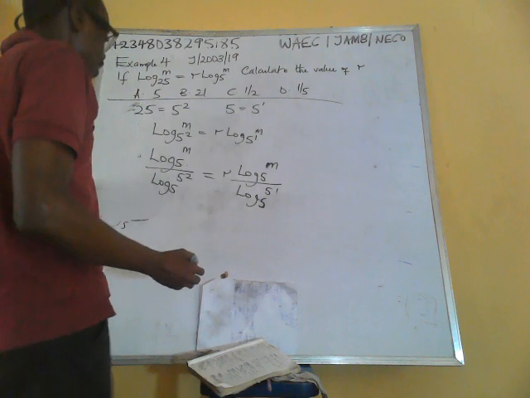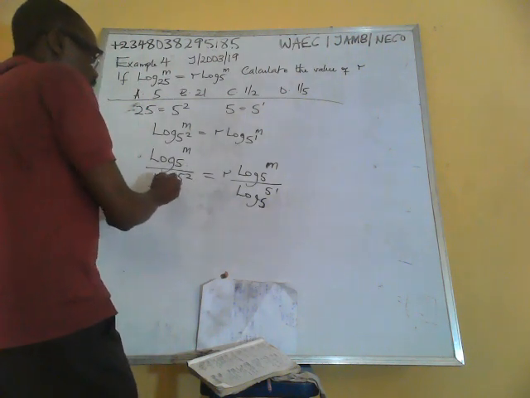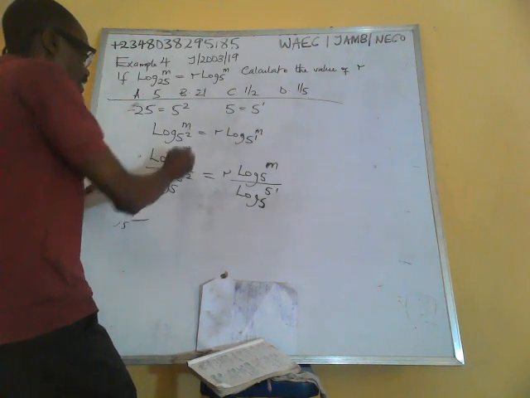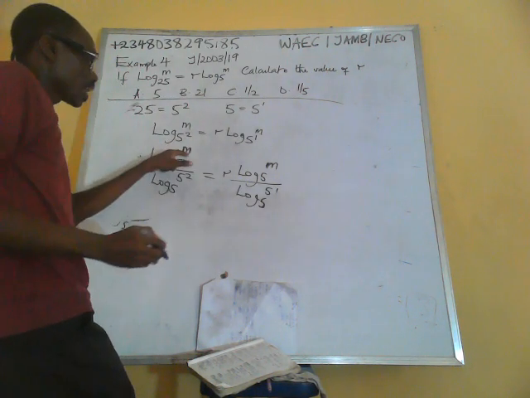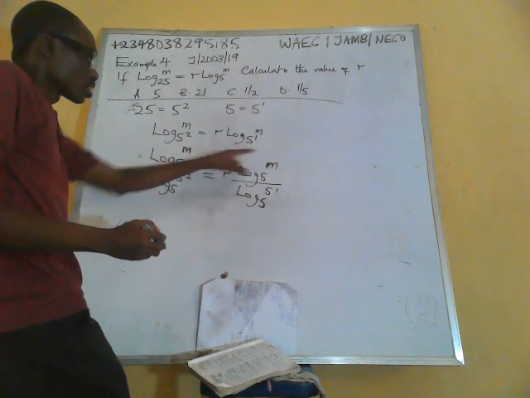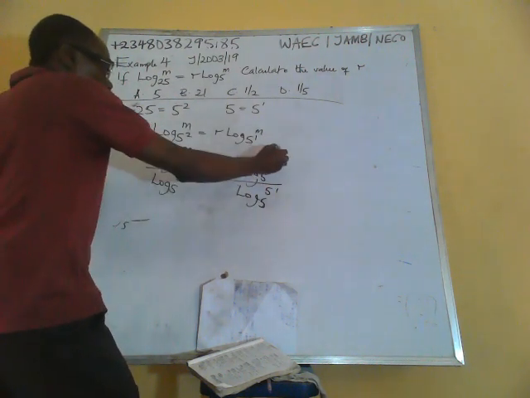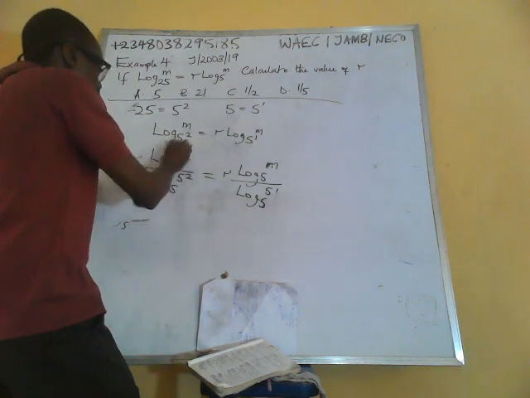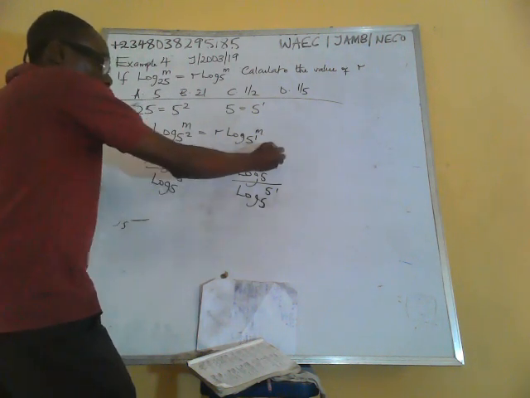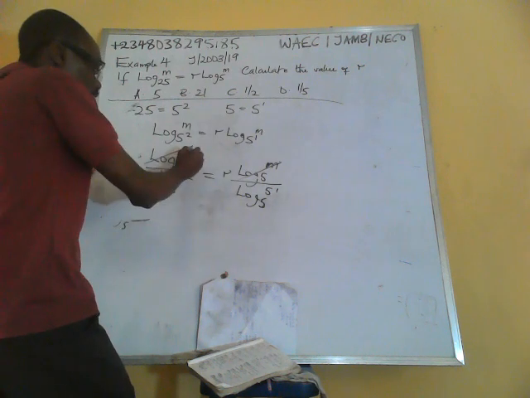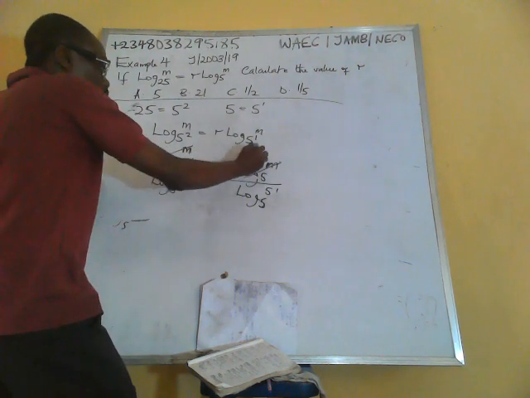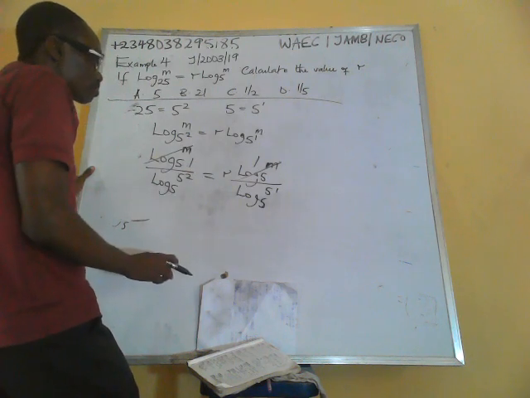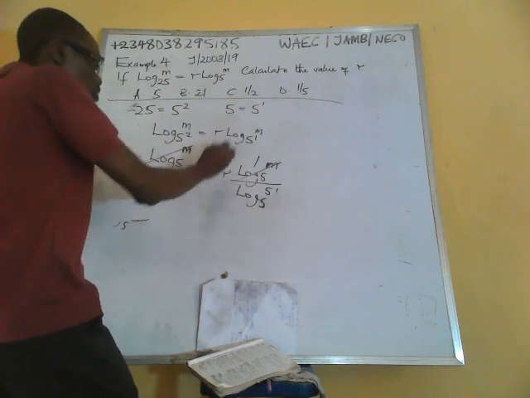So over here, you have log m base 5 and log m base 5. Log m base 5 can cancel log m base 5, so that you have 1 over here and 1 over here. They cancel each other.